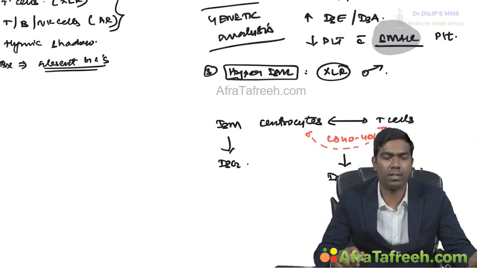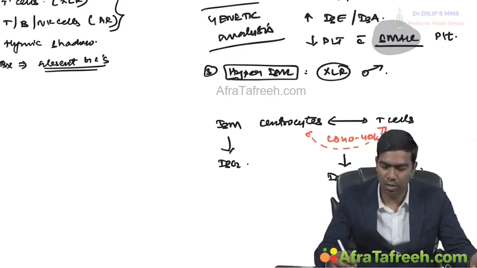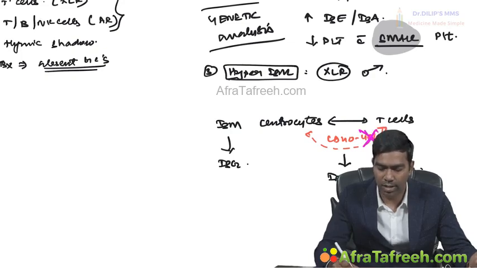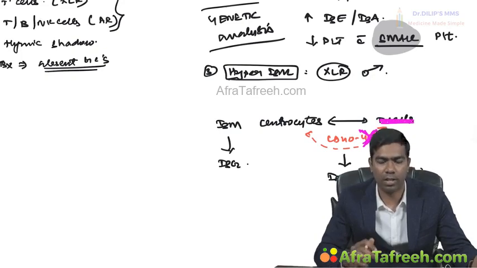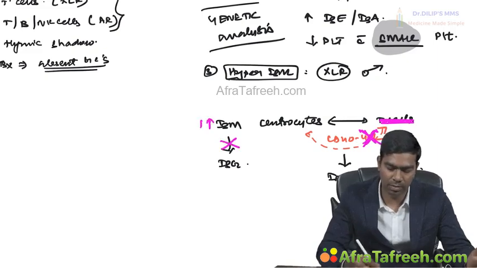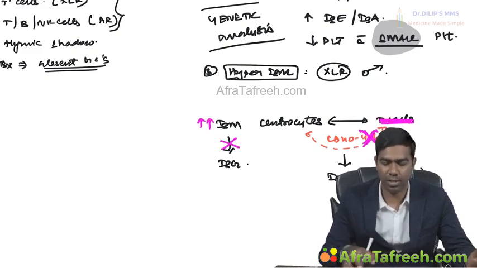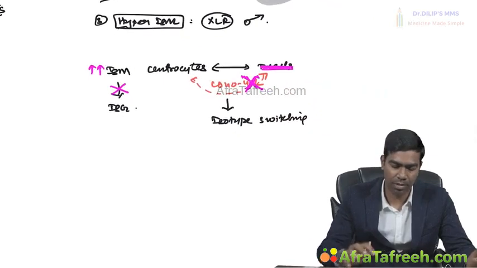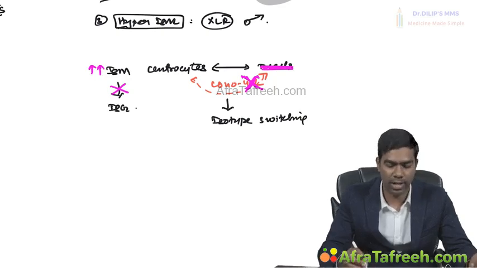But the problem in this particular hyper IgM syndrome is that the CD40 ligand is defective. That is from the T cell side. Not the T cells are defective, the CD40 ligand from the T cells is defective, which means they cannot class switch, so the IgM levels will elevate. So this is what happens in hyper IgM syndrome. It's also called CD40 ligand deficiency.